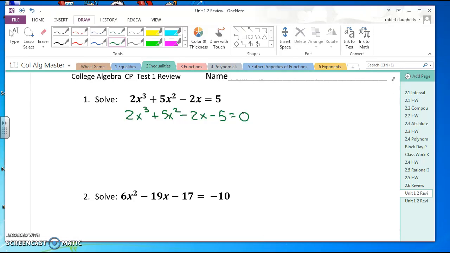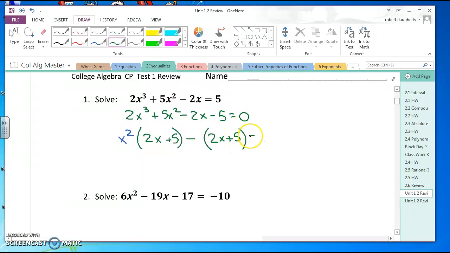Look at the first 2 elements and I can factor out an x squared, and then I'm left with 2x plus 5. Whatever that sign is, keep it, that's a minus sign, and group this as 2x plus 5 equals 0. Keep in mind that with the minus sign, that's minus 2x, and then minus a positive 5, that's minus 5.